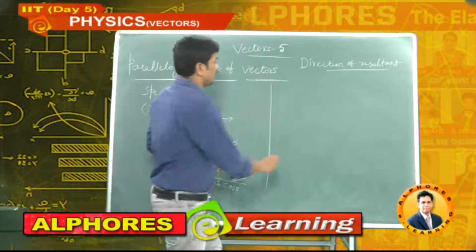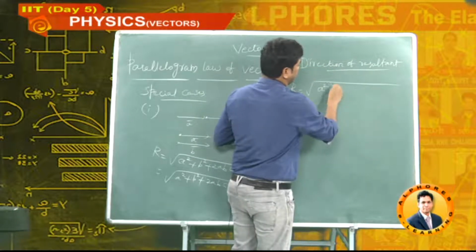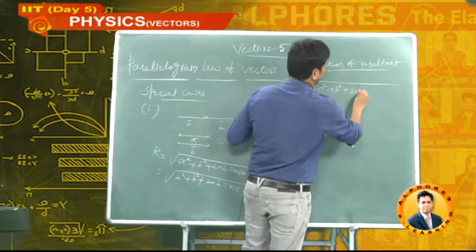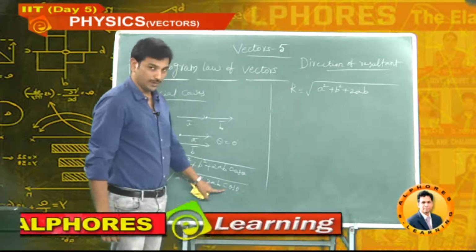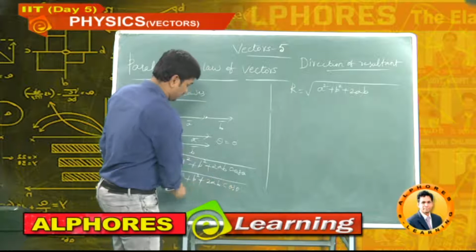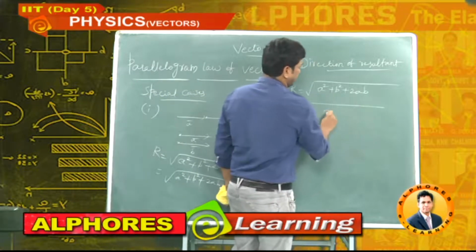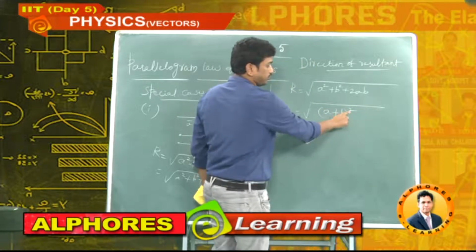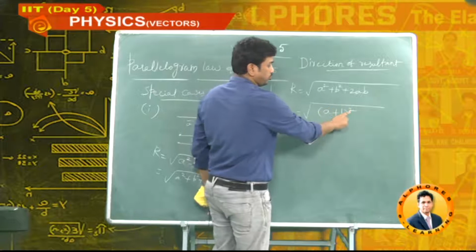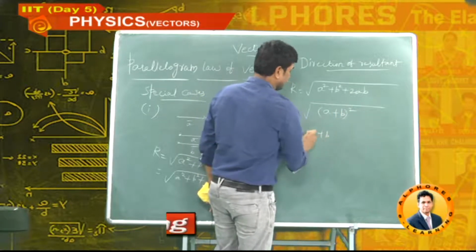Now, R is the square root of A square plus B square plus 2AB, because the cos 0 value is 1. This is A plus B whole square, under root. So the square and square root cancel. Now what is the answer? A plus B.